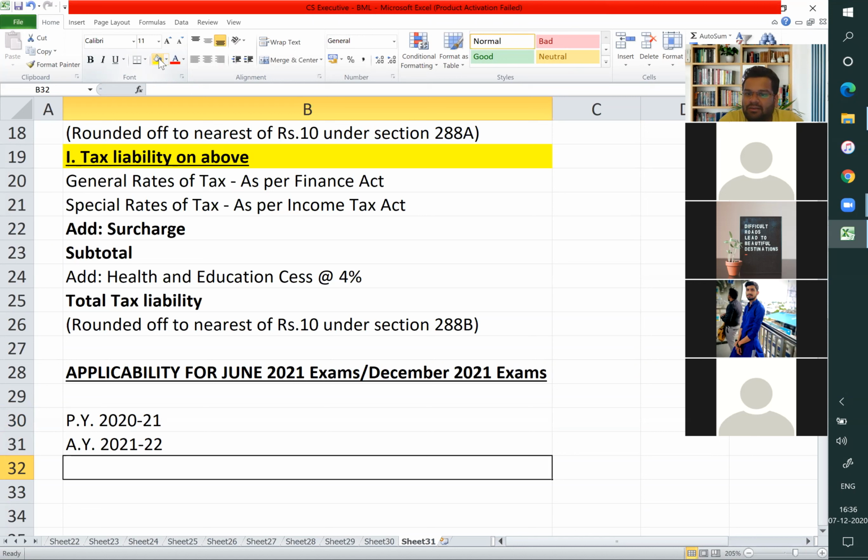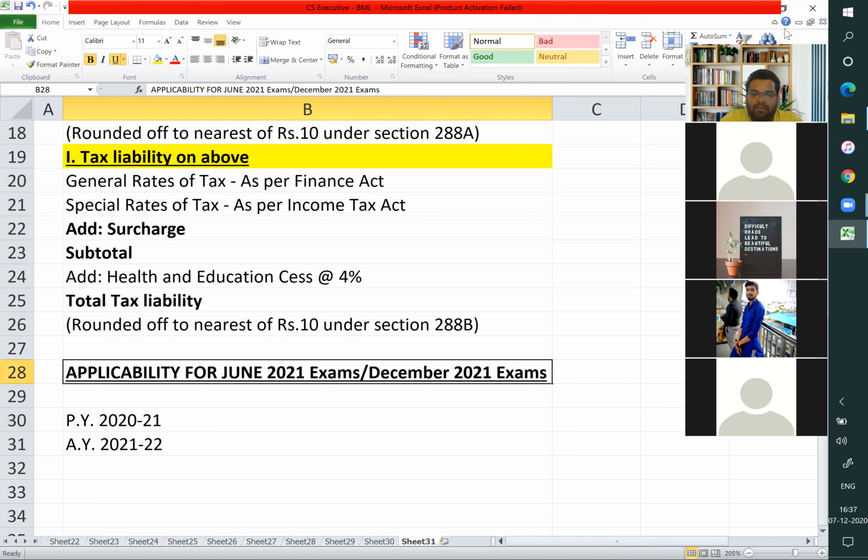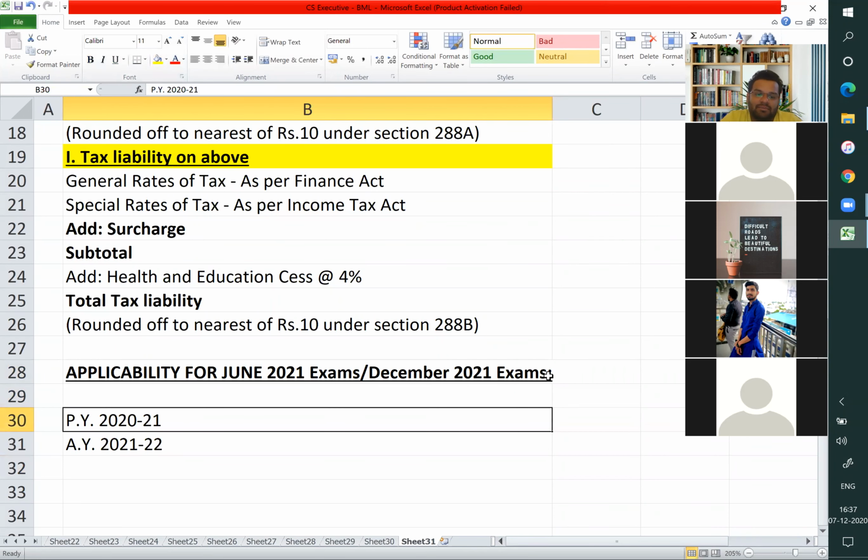Don't you think the same thing will happen for December 21 exams? If you are sitting in your office in the month of December 21, the recently concluded PY is 2021, so AY is 21-22. That's why I have said applicability for June 21, December 21 exams.